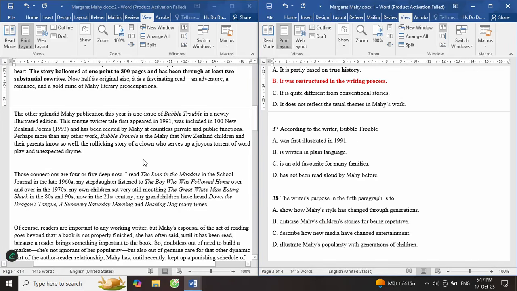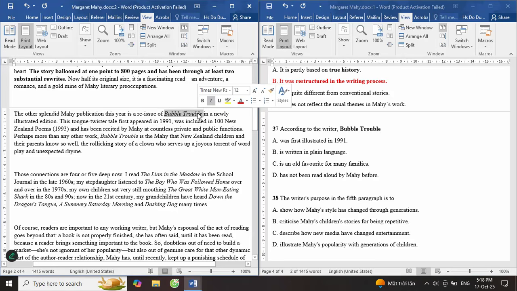Next, let's use that way of reading and solve number 37 of book trouble. Okay, so have you got the answer for number 37?